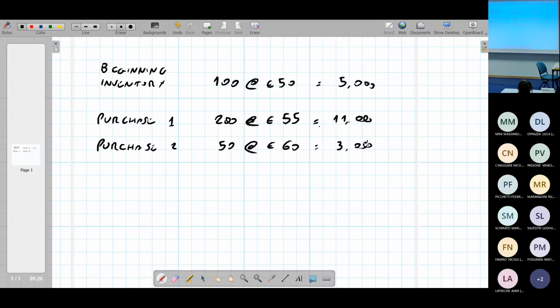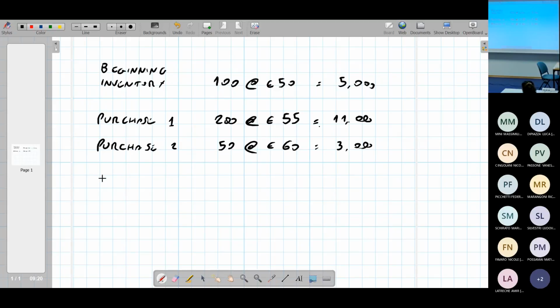If you look at the inventory, you're going to find the following situation now: 100 units at 50, 250 at 55, and 50 at 60, bought at different times at different prices. So the assumption here is inflation. It's maybe a little bit exaggerated, but not that much, because especially in the last 2 years, prices have increased pretty fast in some areas, for some commodities.